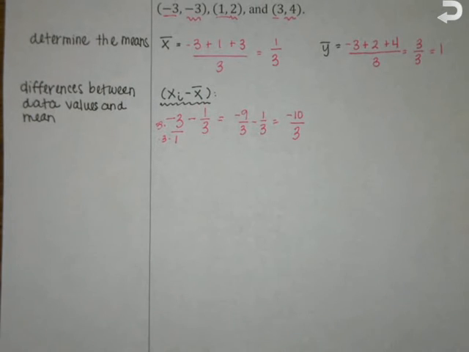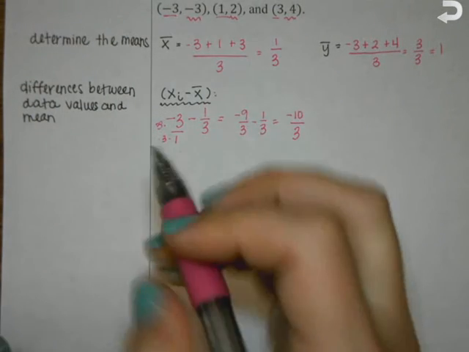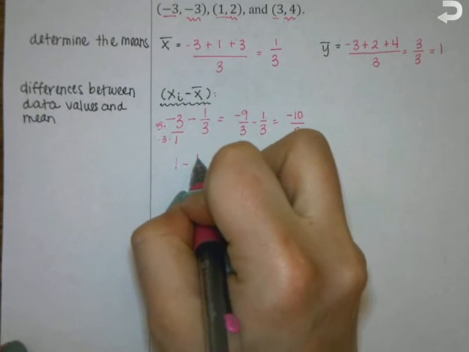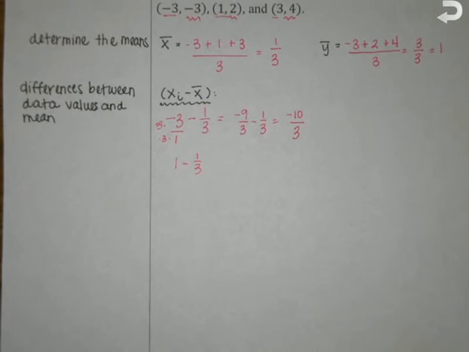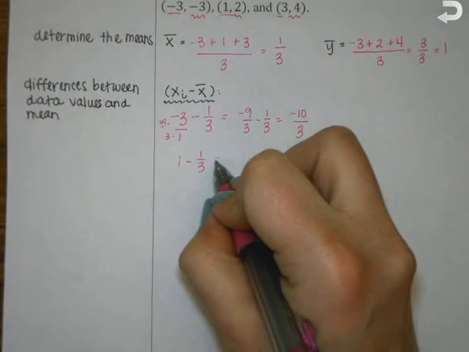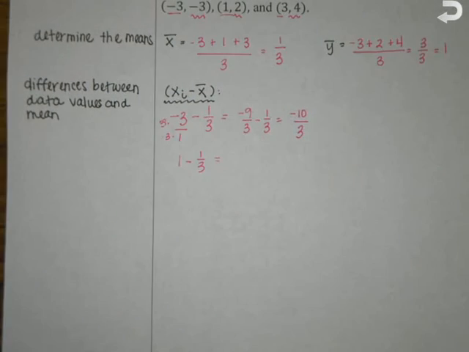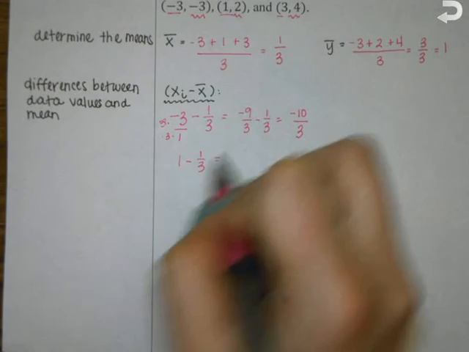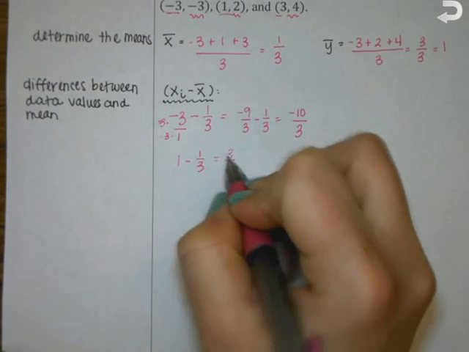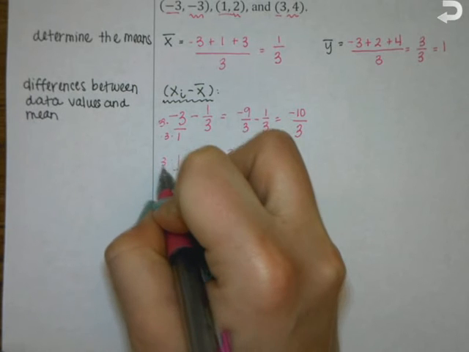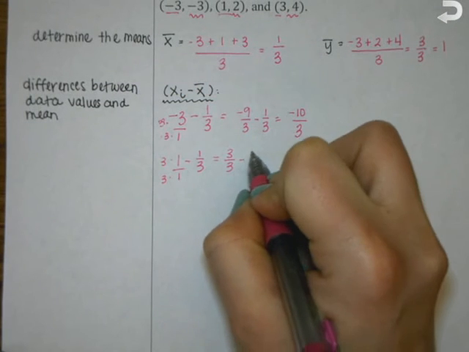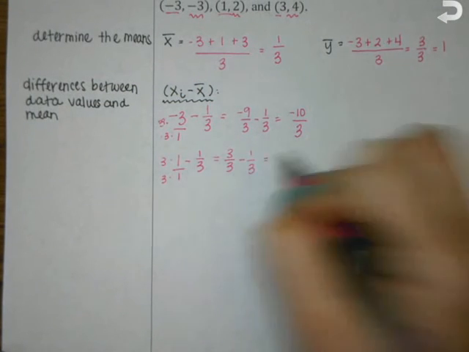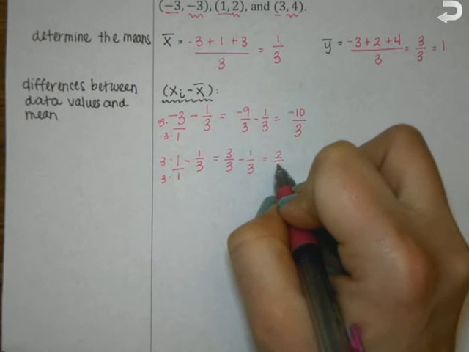Let's do the next one. What's the next x value? 1. So that's going to be 1 minus 1/3. What would 1 be with the denominator of 3? 3 over 3. Remember, this is times 3 times 3. So what's 3 over 3 minus 1 over 3? 2/3.